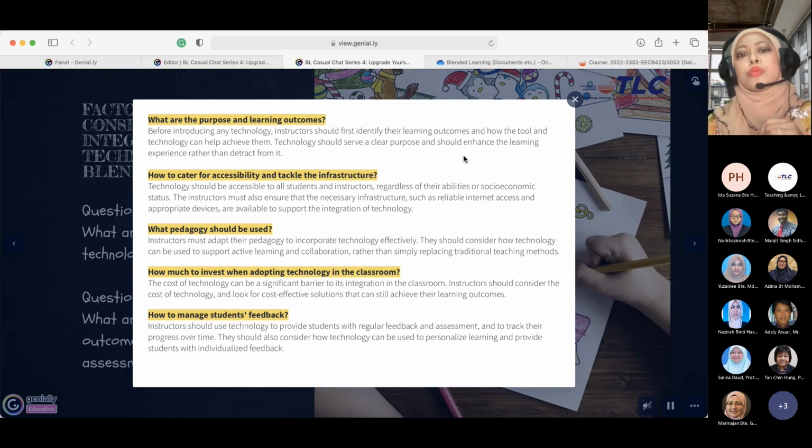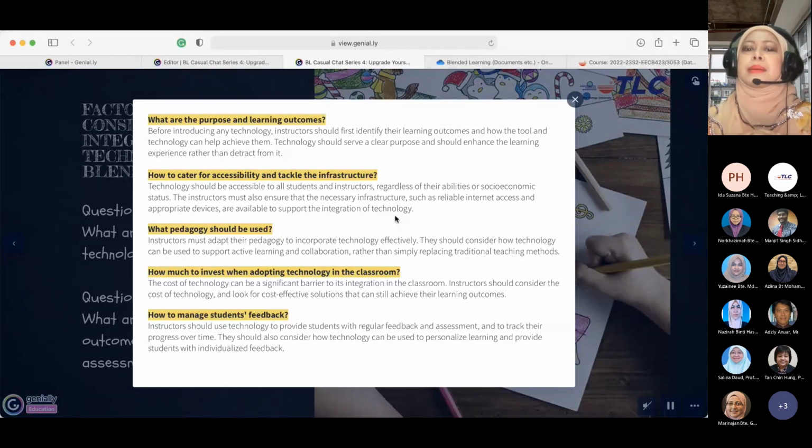You are going to use the right tool for the right task. So that is something that is required when you want to link to the purpose and the learning outcomes, so that it hits the objectives that you're going to deliver. So there must be something that is easily used and subscribed to.